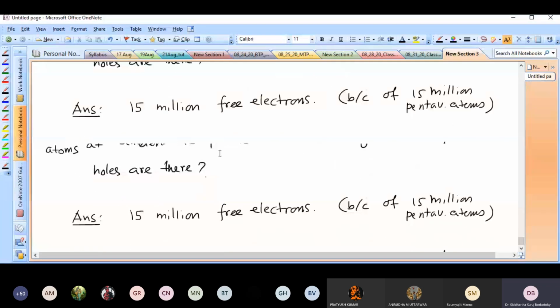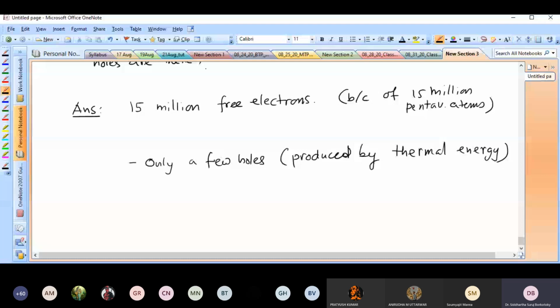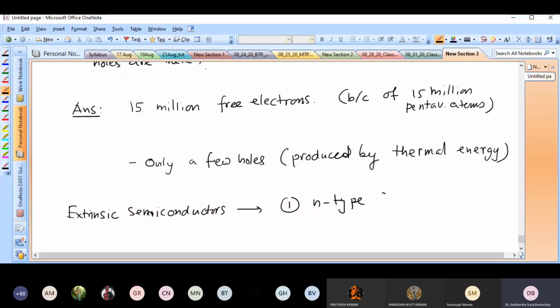Now let's define two types of extrinsic semiconductors. Semiconductors are defined as either N-type semiconductors or P-type semiconductors.